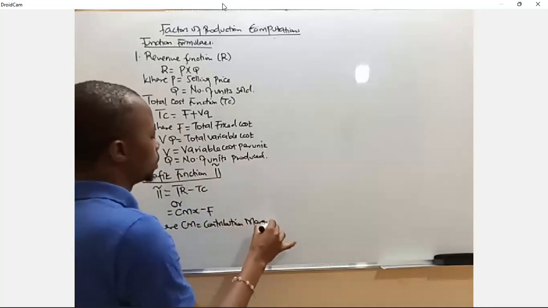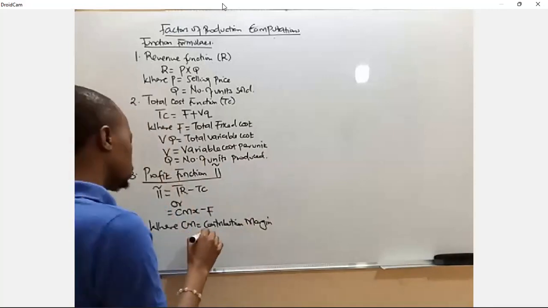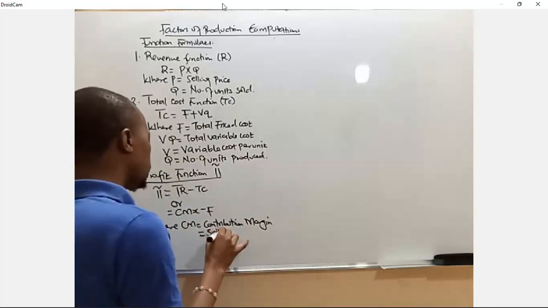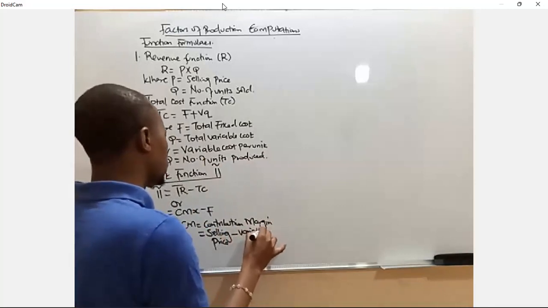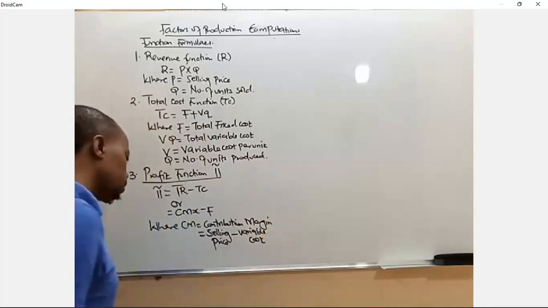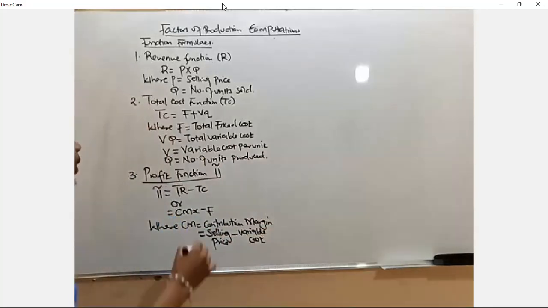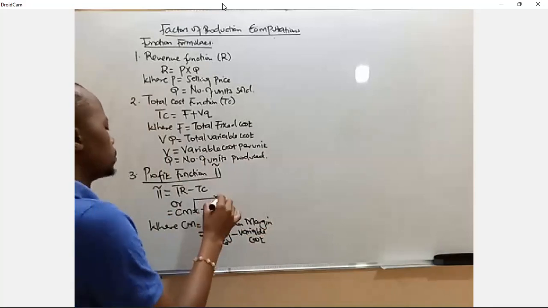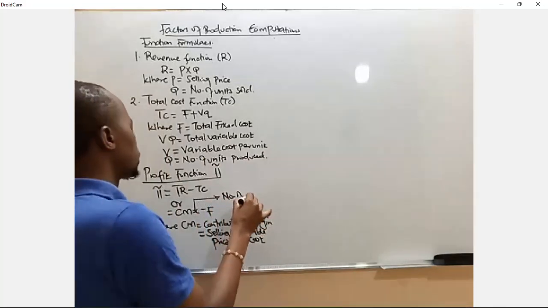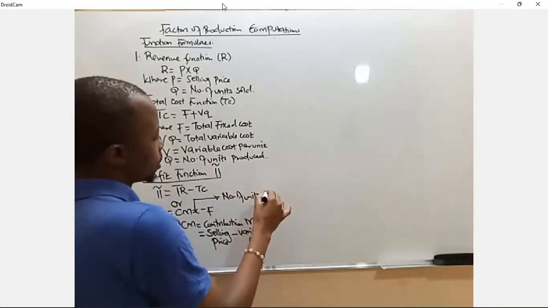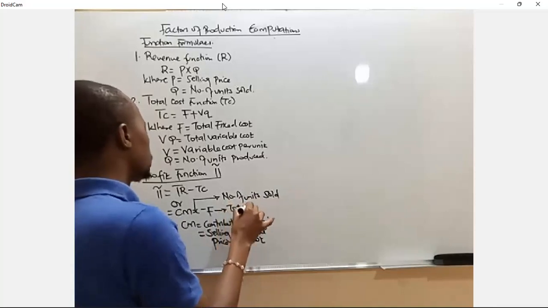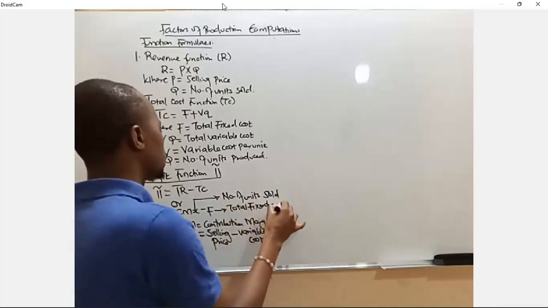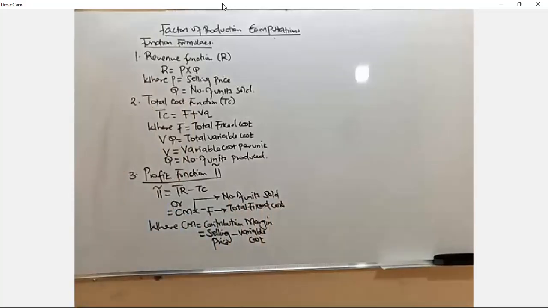How do we normally get this contribution margin? We take the selling price minus the variable cost. X here is the number of units sold, and F is the total fixed costs. I just want to break these formulas down for you to understand better.